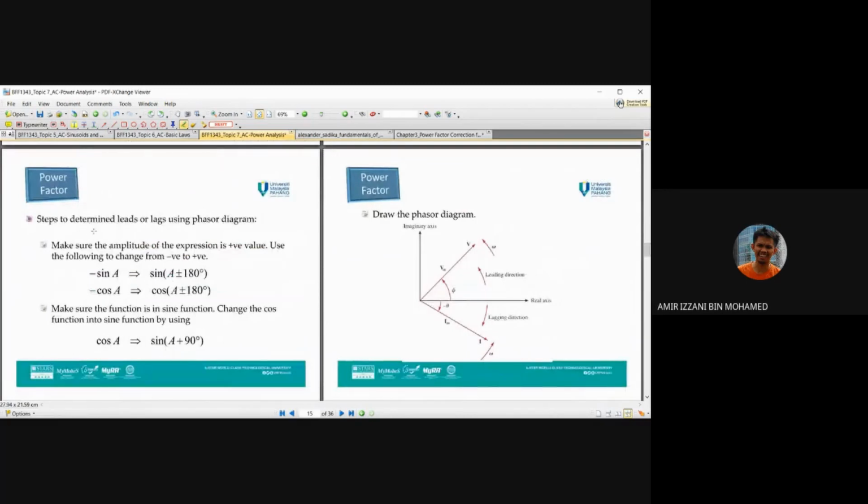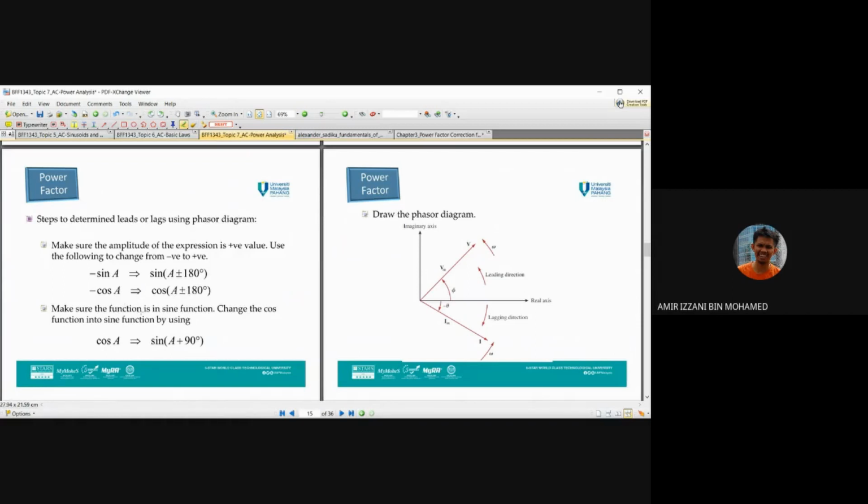Let's go to the steps to determine leads or lags using a phasor diagram. Make sure the amplitude of the expression is a positive value. Use the following to change from negative to positive. For example, minus sine A is sine A plus minus 180, and minus cos A is cos A plus minus 180.